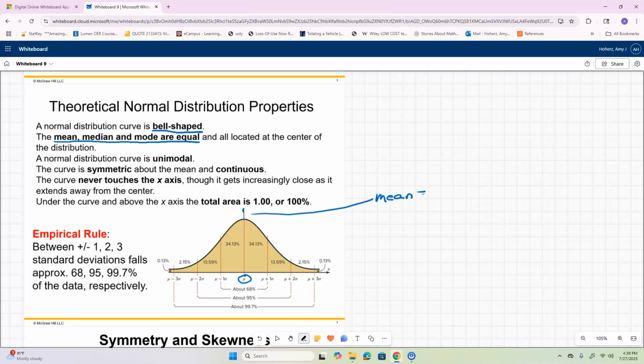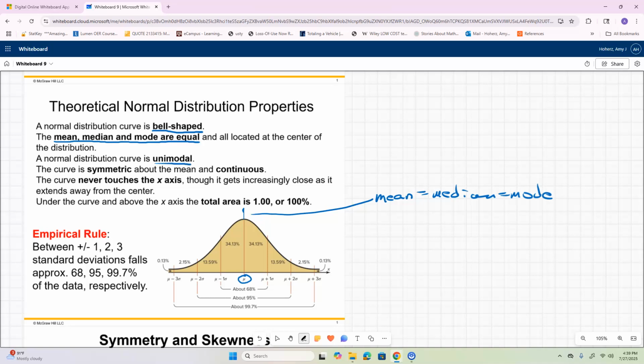So the mean is going to equal the median is going to equal the mode. All of those are going to be in the center because of it being symmetric and being unimodal. All of those are going to fall right in the center. The middle of the data, the most often of the data, and the average of the data are all going to fall right in the middle.